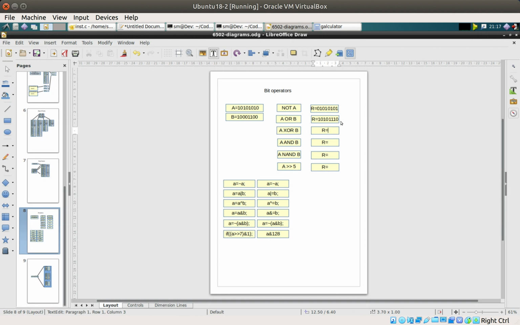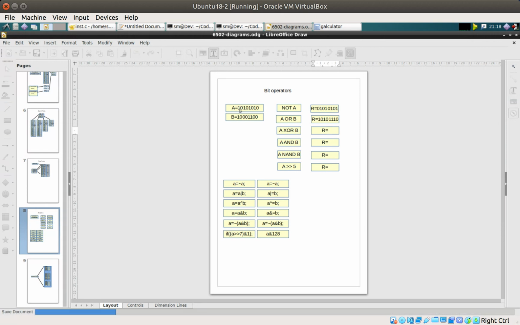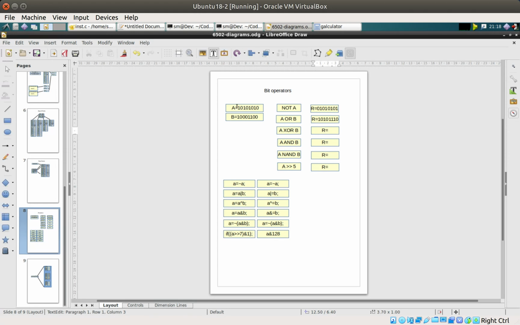The XOR function is different to the OR. Obviously it's a different function, but what does that do? Well, the exclusive OR says one or the other, but not both. So in this instance you get 0 0 1 0 0 1 1 0.